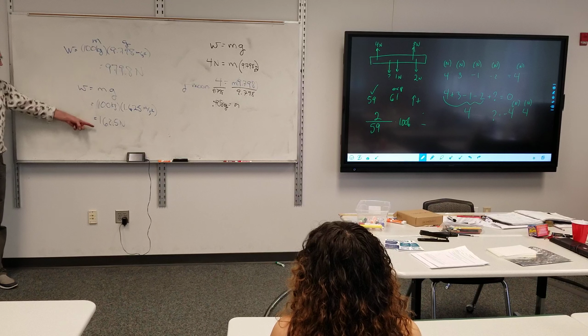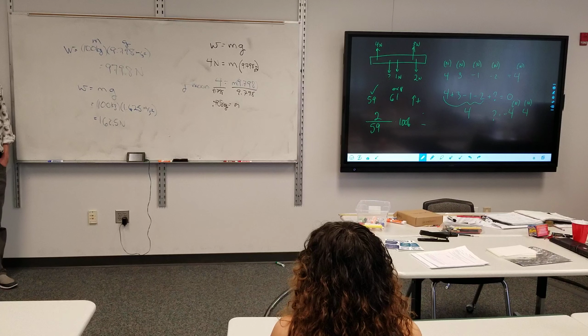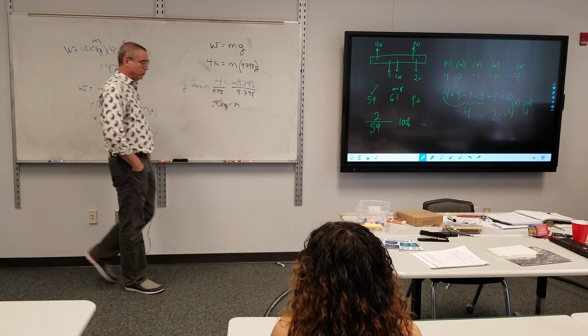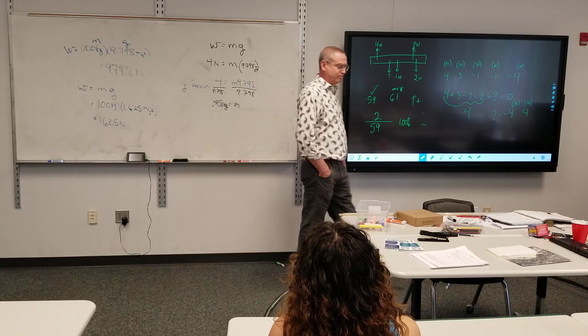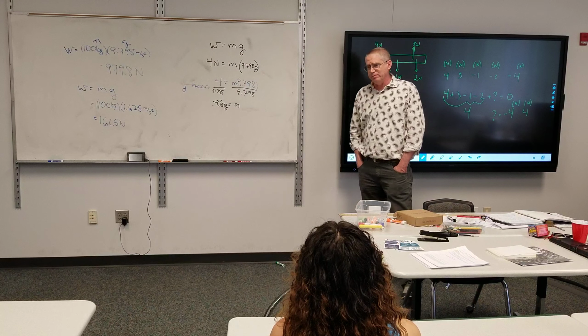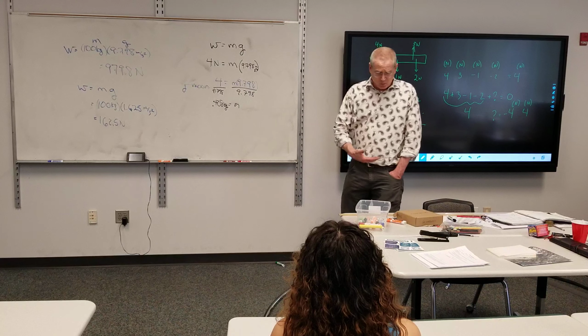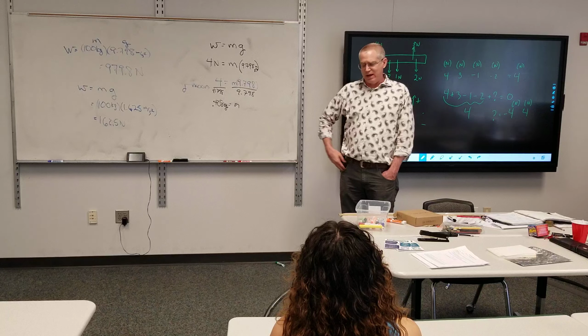So I can lose almost all my weight without losing any mass at all. I could also lose weight on Earth by going farther away from the Earth. So if I went to the top of Mount Everest, brought a scale with me, because what else would a physicist do on Mount Everest, I can show that my weight is different up there than it would be down at sea level.